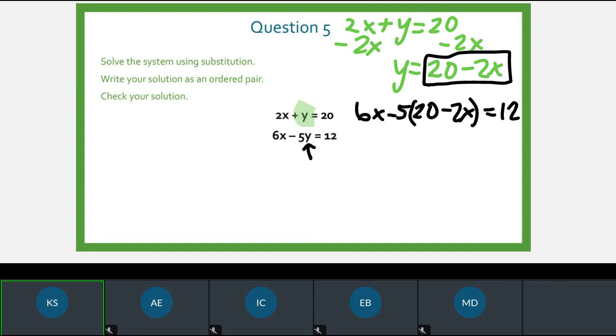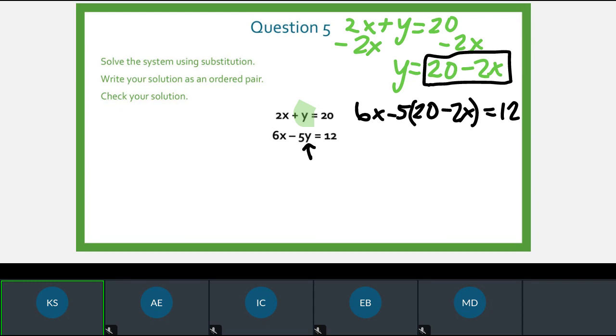So now, Anna, what you're going to do is you're going to distribute. You're going to multiply negative 5 times 20 and negative 5 times negative 2x. Yes, there you go.